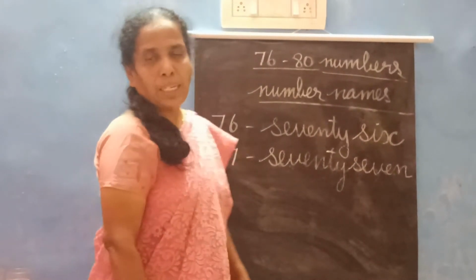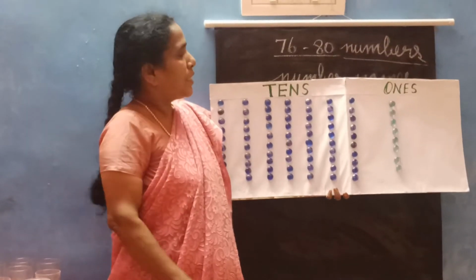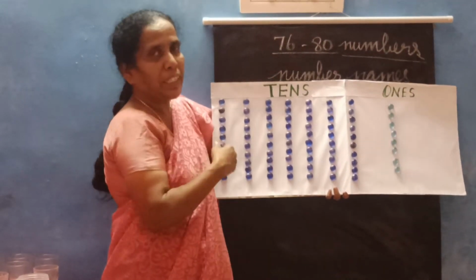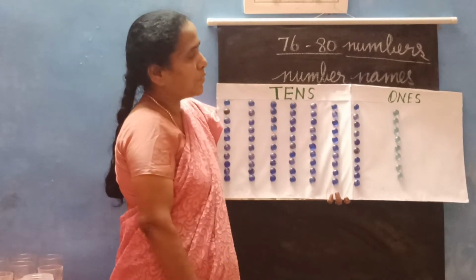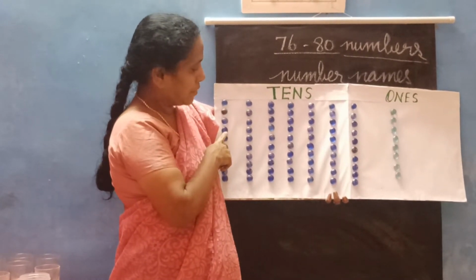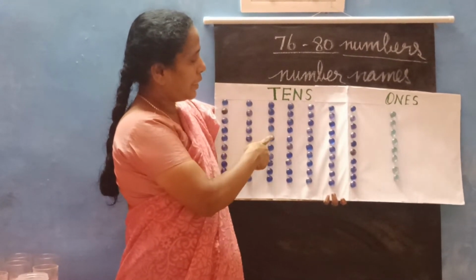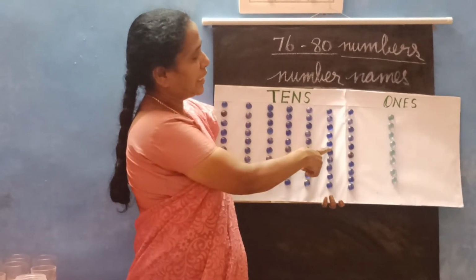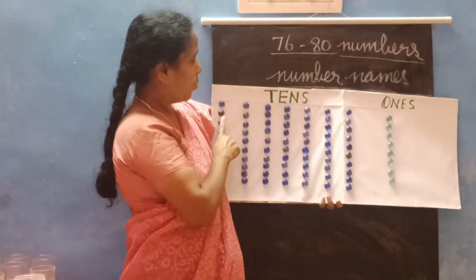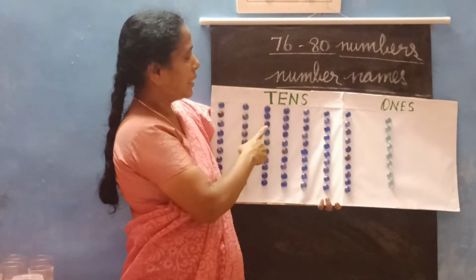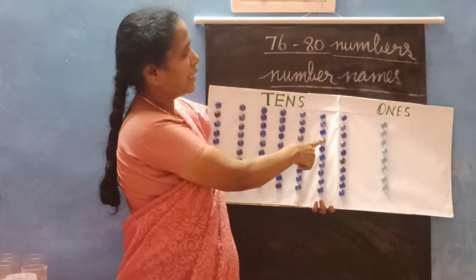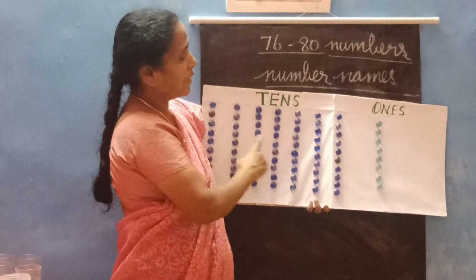Now we will see the number 78. In 78, how many tens are there? How many ones are there? We will see now. 1 ten, 2 tens, 3 tens, 4 tens, 5 tens, 6 tens, 7 tens. 7 tens are there.